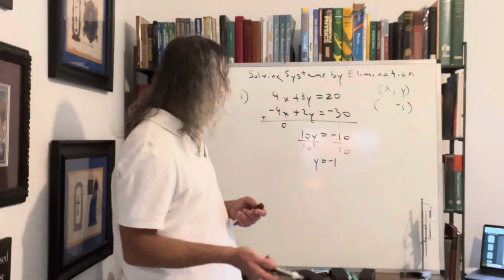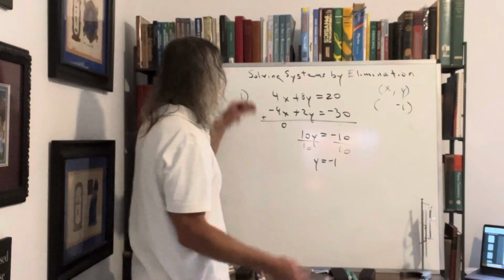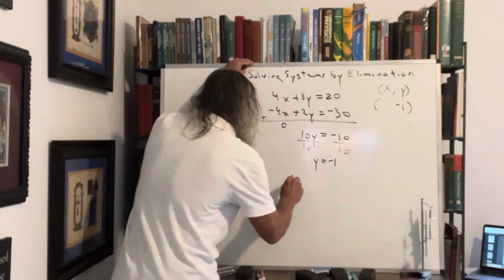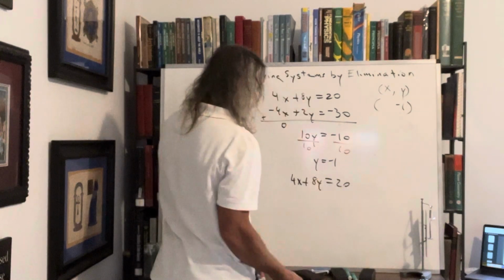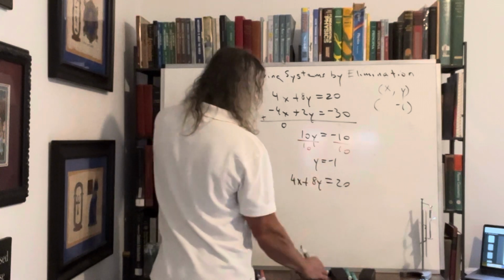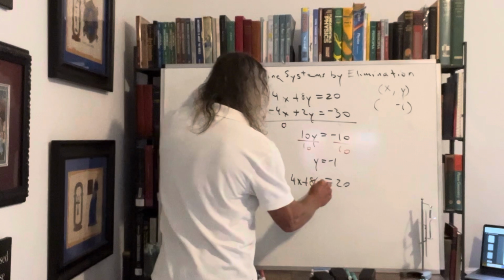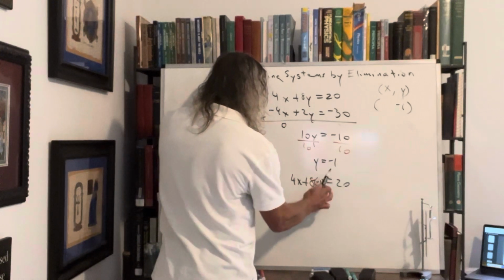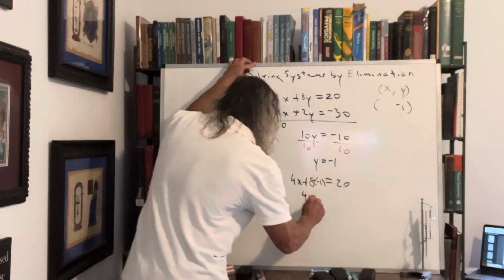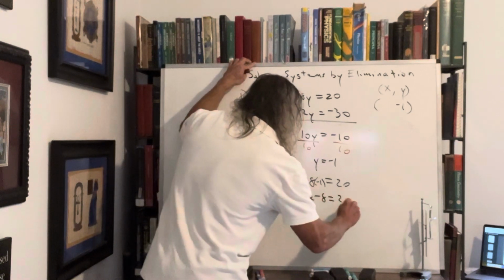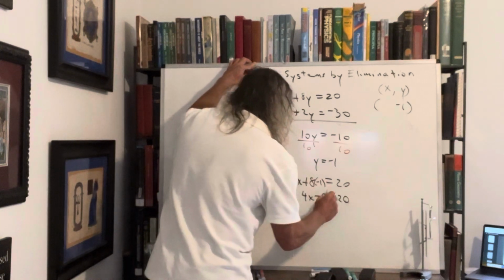Now we need to get the x value. So pick an equation, put -1 in for y. I'll take the top one. Y is -1, so in place of the y, I put a -1. So 4x minus 8 is 20, or plus -8 if you want.